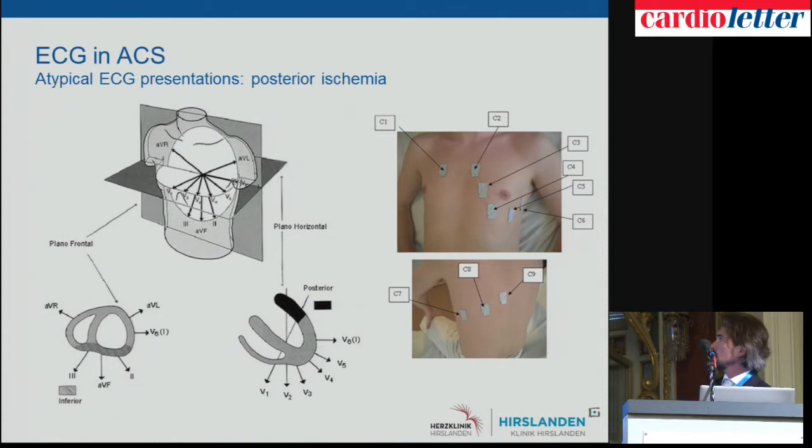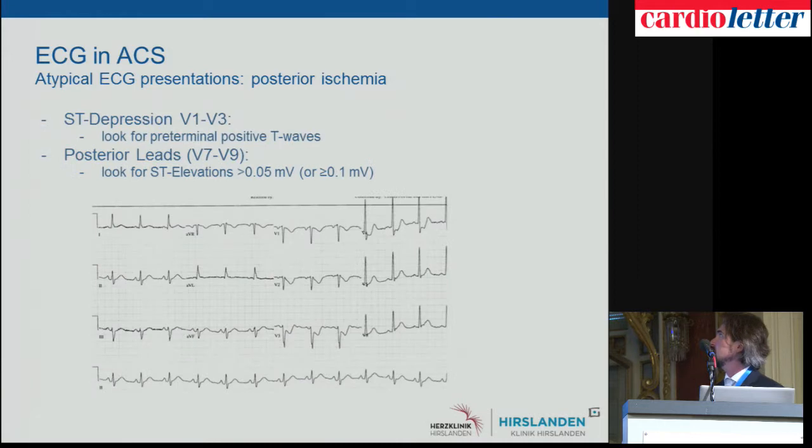What can you do? You can have a look at reciprocal leads, or you can put additional leads to get a look at this blind spot. These are the leads V7 to V9. How does that look? ST depression, the reciprocal changes from the posterior wall in V1 to V3, typically with peaked terminal positive T waves. If you have this kind of picture, go for V7 to V9.